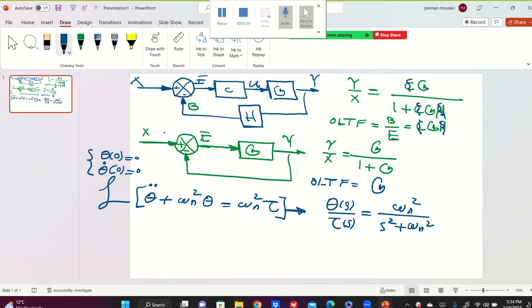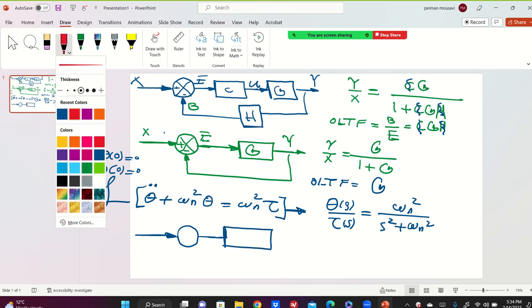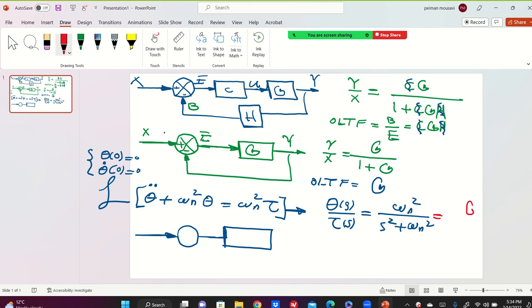So when I plotted this, I'm going to do it eventually today or in the next class. From here, I taught you that for finding the open loop transfer function, this is equal to G over 1 plus G, see here. And we found that the open loop transfer function that you have in your notes is omega n squared over s squared.